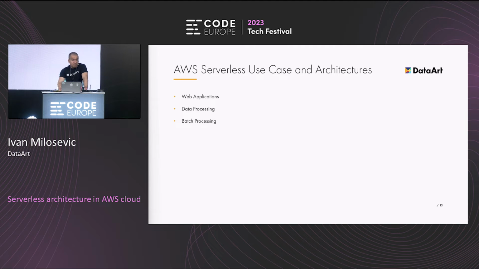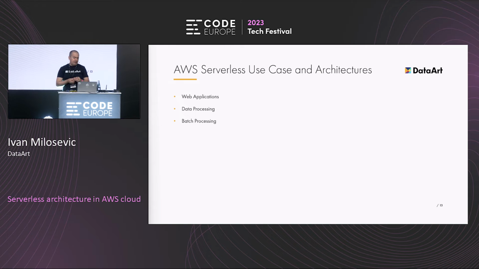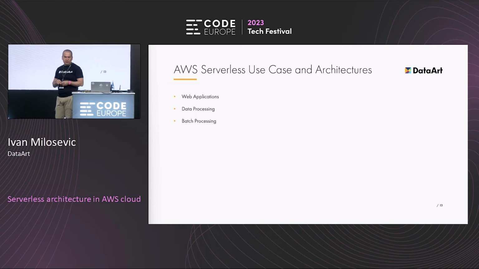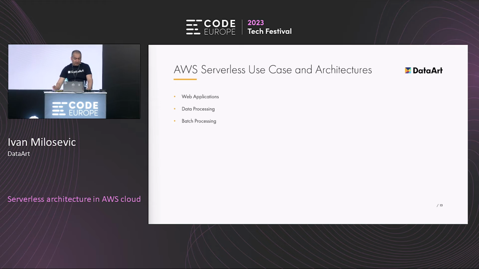Batch processing. So you could have a lot of independent processing units. Batch processing, of course, has to do with orchestration as well, and it will actually help to organize this kind of infrastructure. One of the best use cases is essentially batch processing.